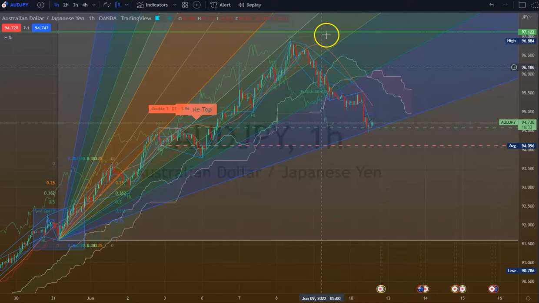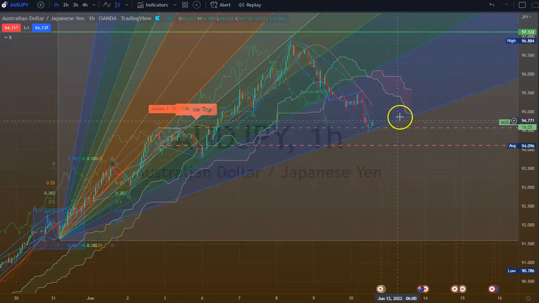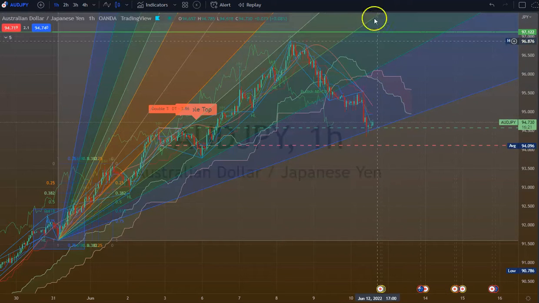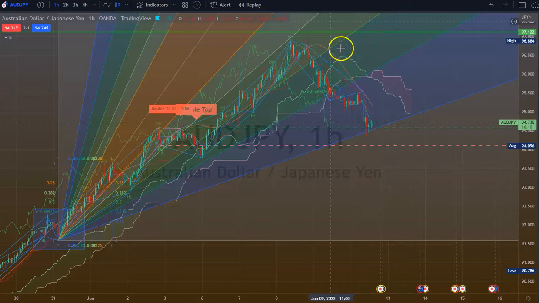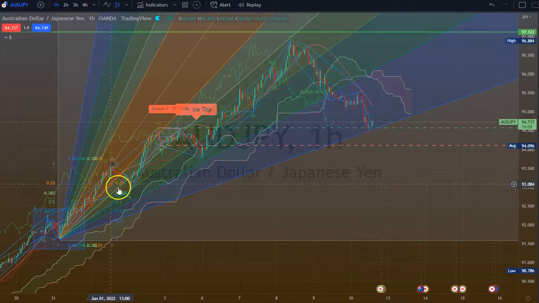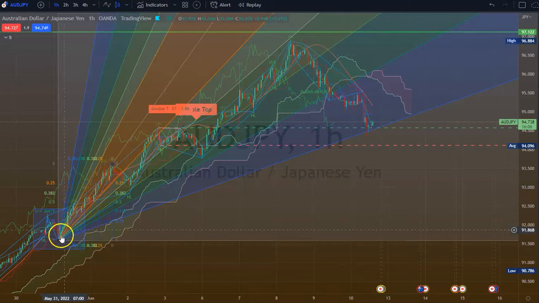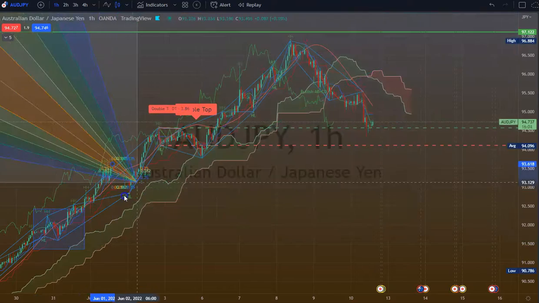You buy something that comes back inside 382, or something that's gone down to, say, the 786, came back into 618. It has to cross back into an area. Typically I wait for the 382. That's going to be my path.